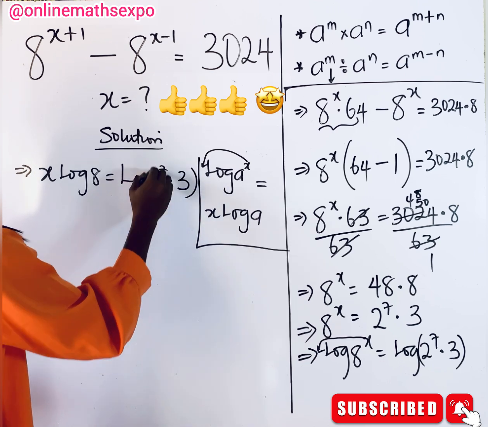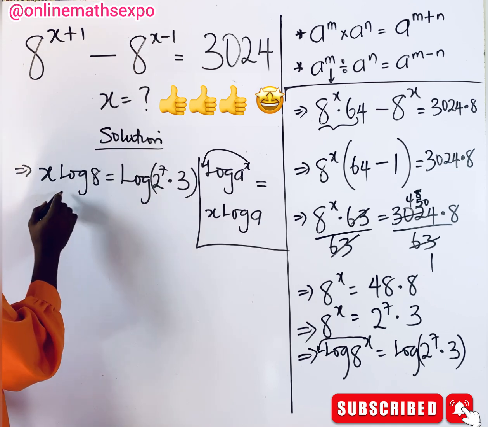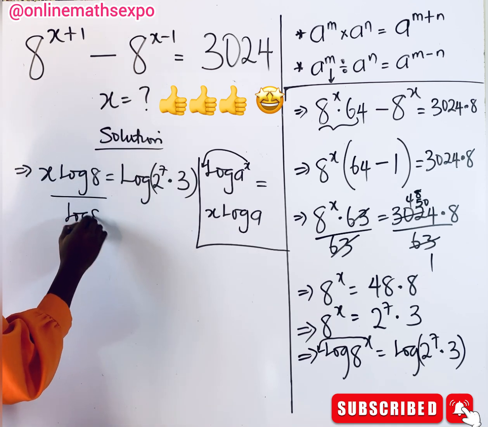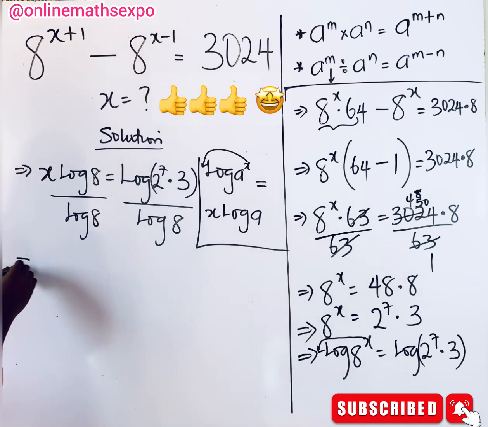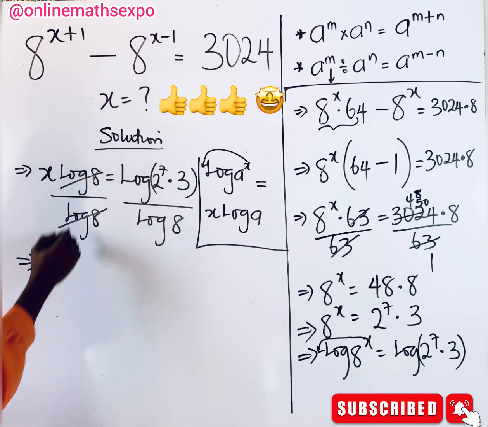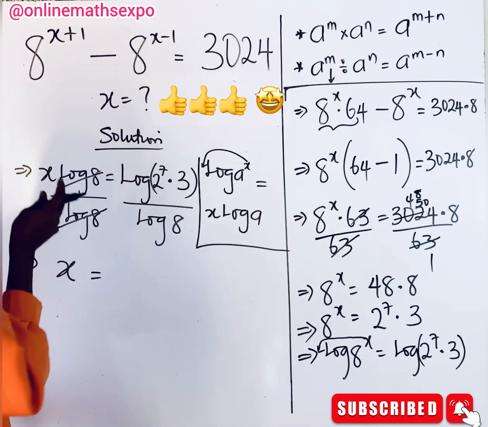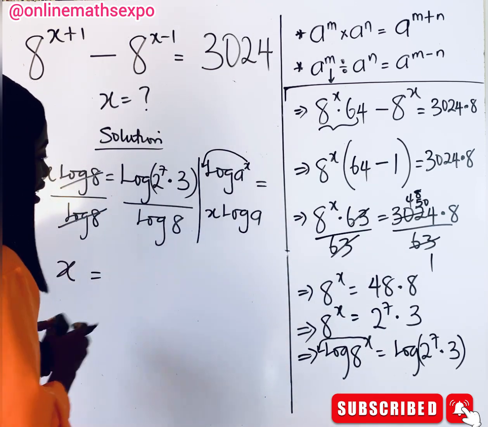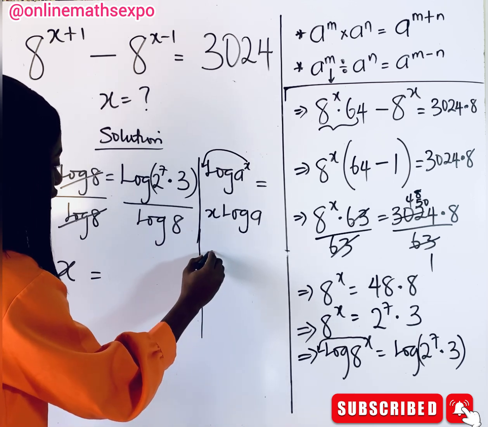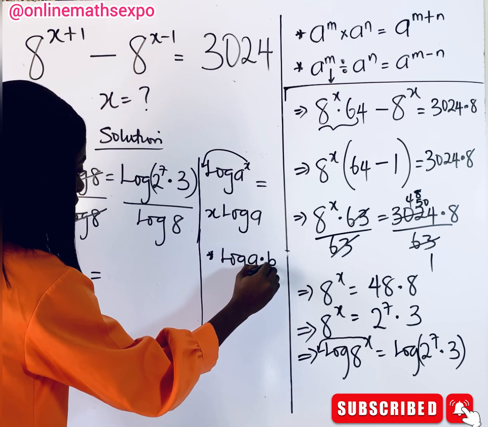multiplied by 3. Okay, so to get your x, this serves as the coefficient, so you divide. So you divide by log of 8 and divide by log of 8. So we're going to have, this will cancel, we have x is equal to, here we're going to have, another rule you need to remember is the rule of logarithm that says, when you have, so let's put it here, log of a is being multiplied by b.